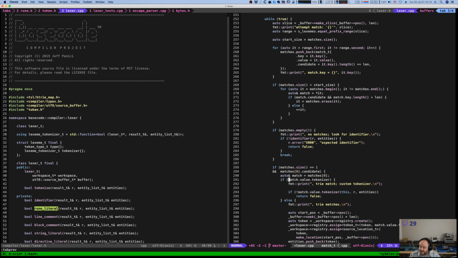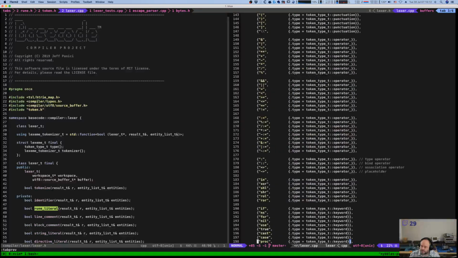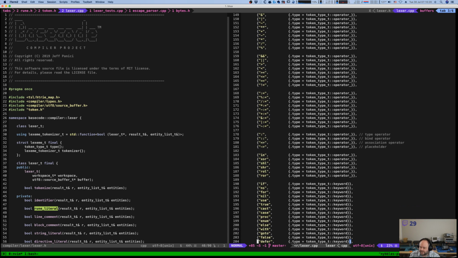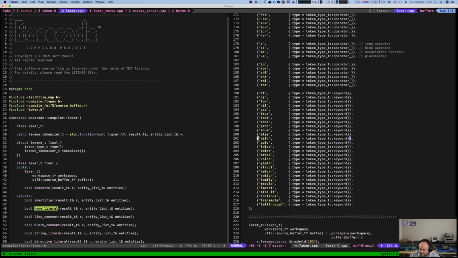So, in the case of keywords, in the old lexer, I actually had this rule repeated over and over again in the individual tokenizers. As an example, in the last one, I would say it can't be an alpha character, an alphanumeric character next.